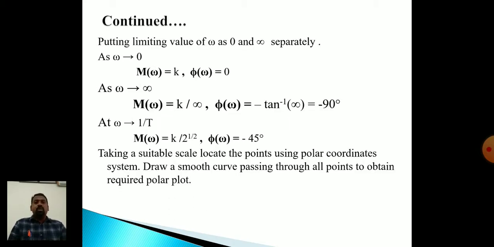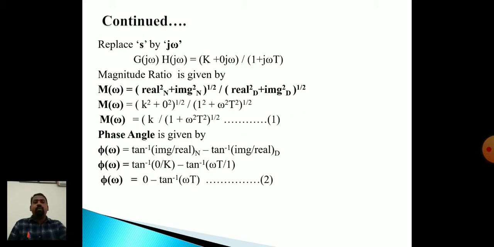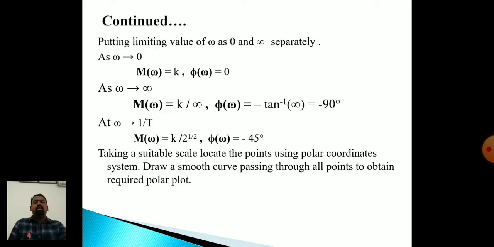Next, you substitute ω to infinity in both the equations, M(ω) as well as φ(ω). Here M(ω) is k divided by, equation number 1, (1 plus ω square T square) to the power 1 by 2. So when ω equal to infinity, k divided by 1 plus infinity, that is k by infinity.